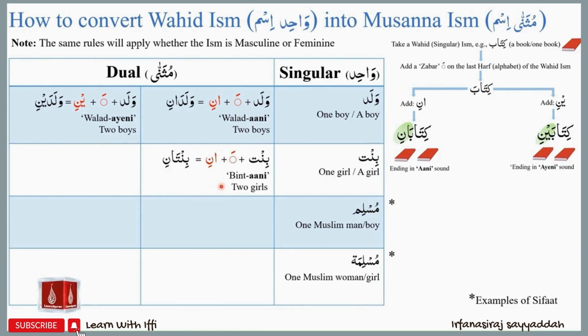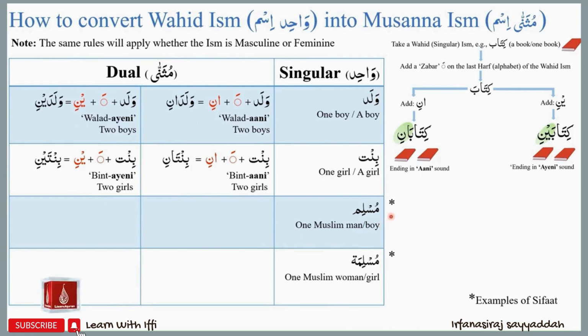And for the second musanna version, we will add zabar to bint, followed by ya and noon zair, and we will have bintaini, which again means two girls. So walad becomes waladani and waladaini. Bint becomes bintani and bintaini. Again, these ani and aini ending sounds will be the same in masculine and feminine. For walad, we have waladani, waladaini. For bint, we have bintani and bintaini.